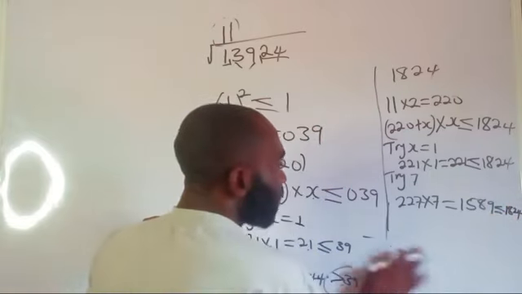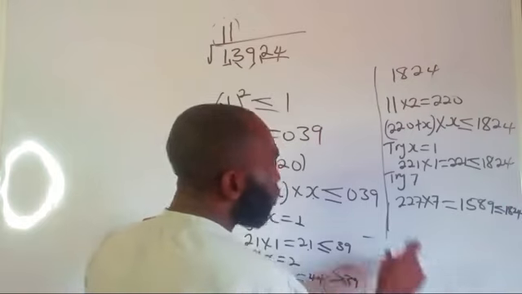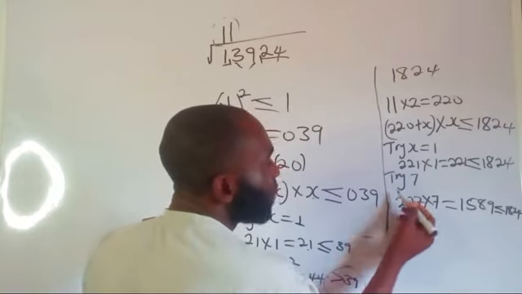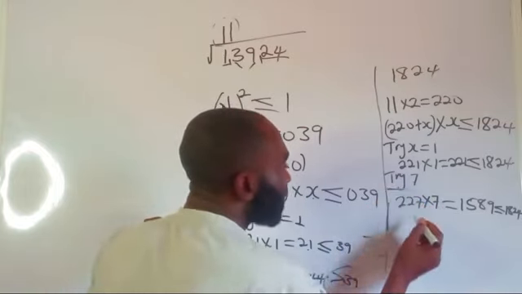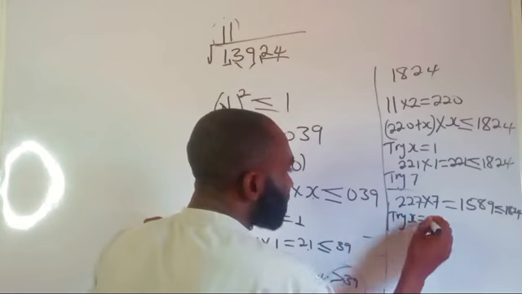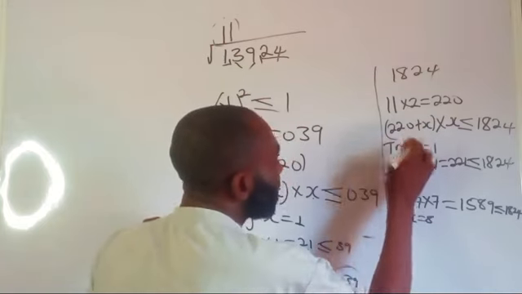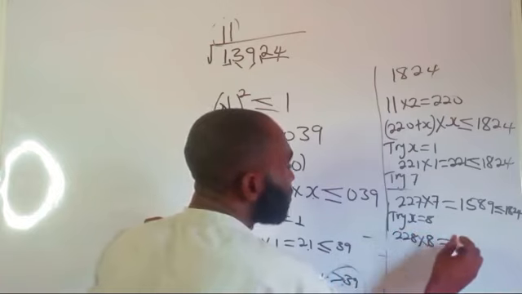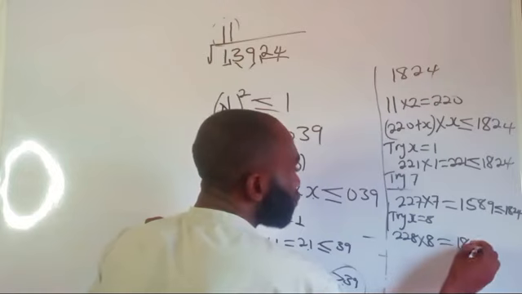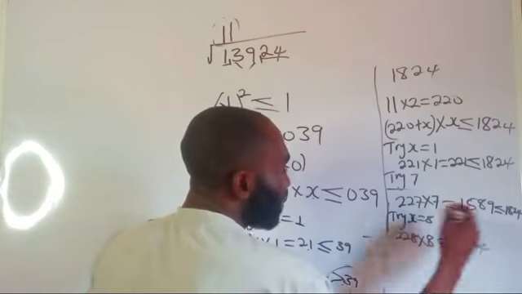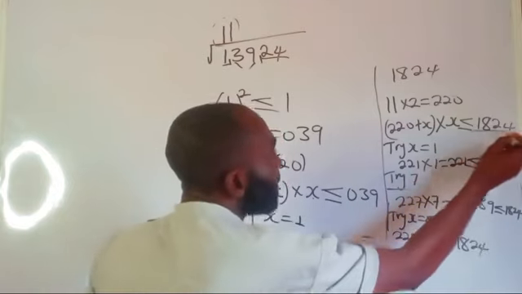With that, we know that we'll still try another number to know whether it exceeds, then we will know that 7 is the last trial. So let's try 8. When x is equal to 8, 8 plus 220 will give us 228 times the same 8, which is going to give us 1824. So this is equal to our target.